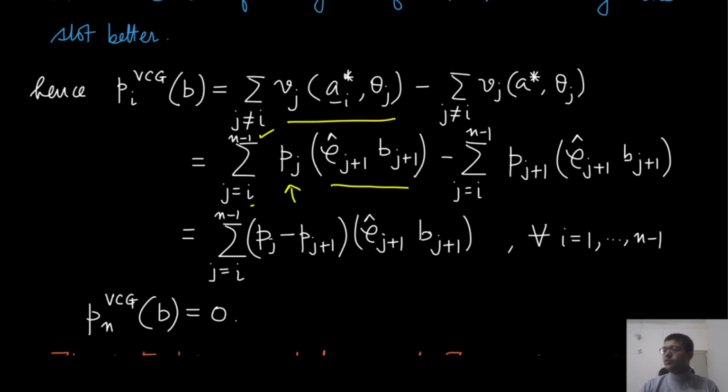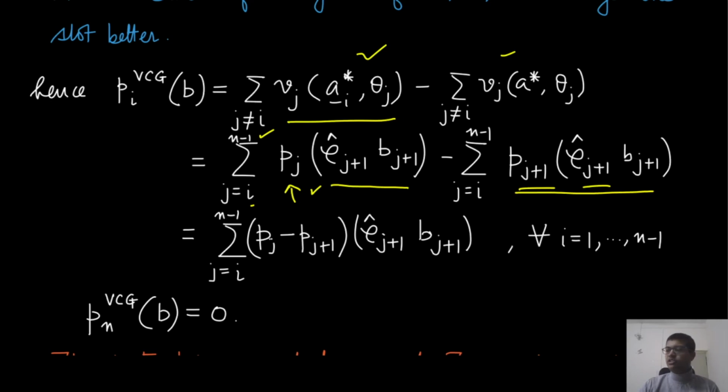In the original case, it was still the same: the slot j plus 1 was going to agent j plus 1, but here they got a promotion because of the removal of agent i. And all the other advertisers who are above agent i in the original allocation cancel out on both sides, because their position is unaffected.